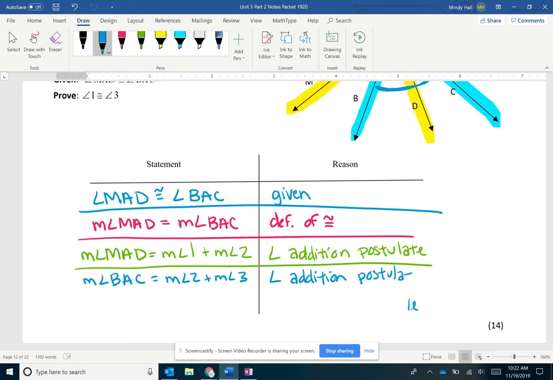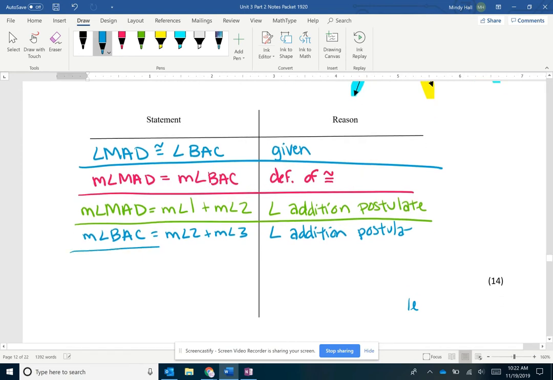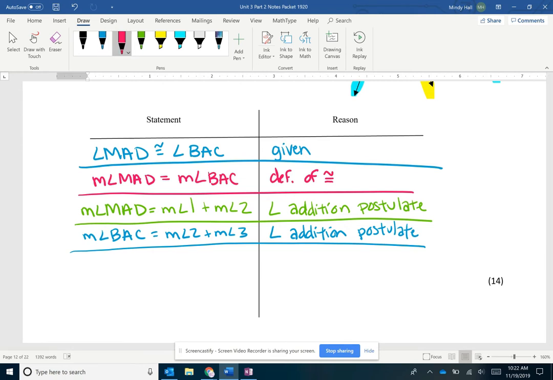Okay, so then, since I've said these angles are equal, and since I've made the statement saying what these angles are made up of, I can make the statement that measure of angle 1 plus measure of angle 2 equals the measure of angle 2 plus the measure of angle 3 through the substitution property of equality.